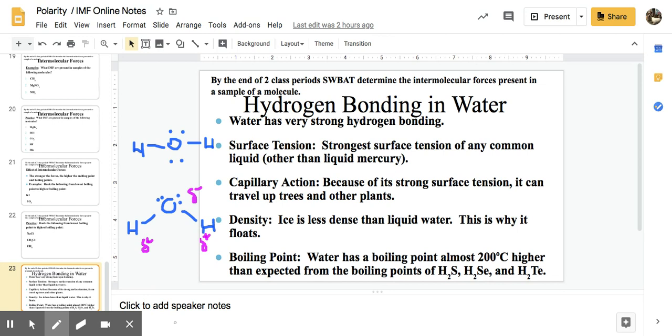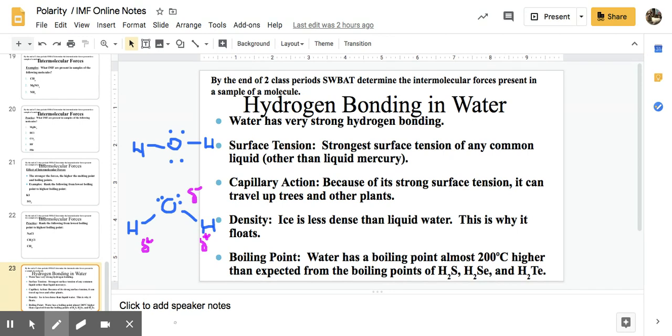And then this one goes with what we just studied. The boiling point of water is much higher, and the melting point is much higher than the boiling points of H2S, H2Se, and H2Te. The reason I gave you these three examples is because those are the ones in the same group as oxygen: oxygen, sulfur, selenium, tellurium.